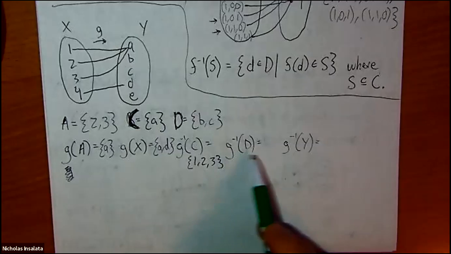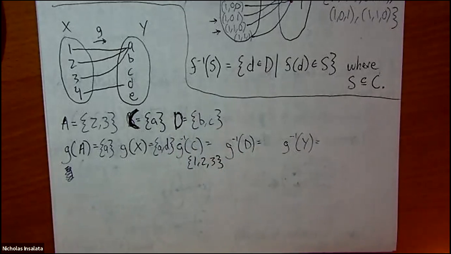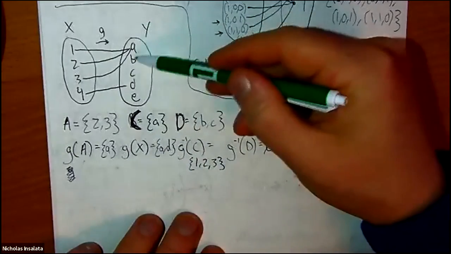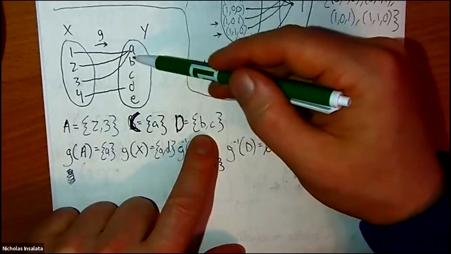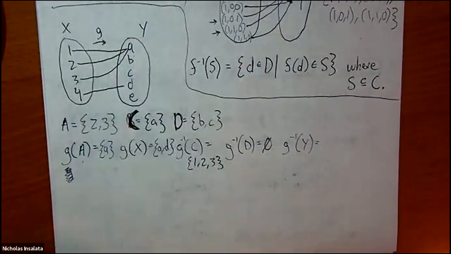How about the inverse image of D, which contains B and C? 0. Yeah. So I think, Luan, you mean the empty set? Is that right? Yes. Perfect. Very good. Because if you take B and C, that's what D has in it, you say, hey, what maps to B and C? The answer is nothing, right? Nothing maps to B or C.